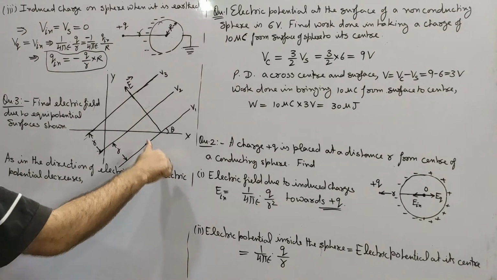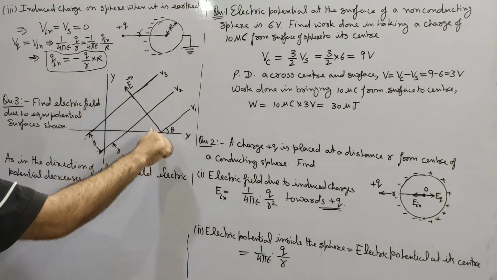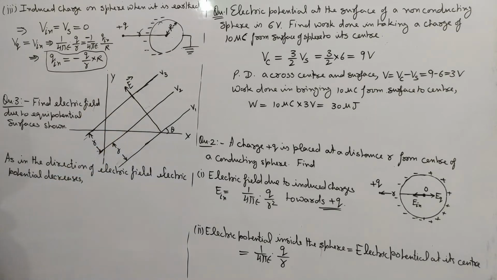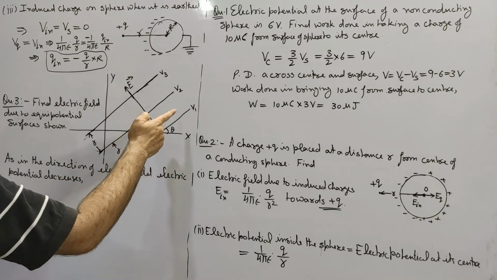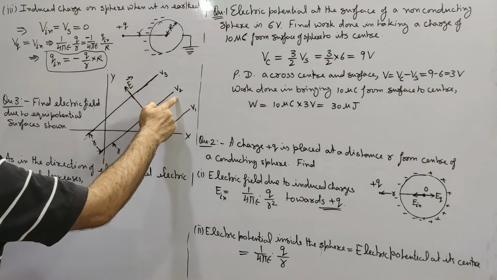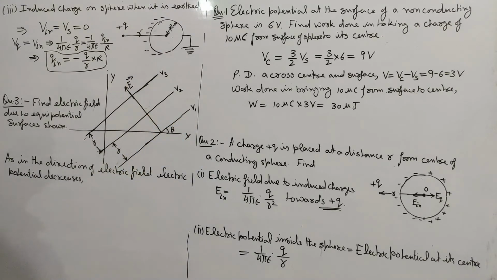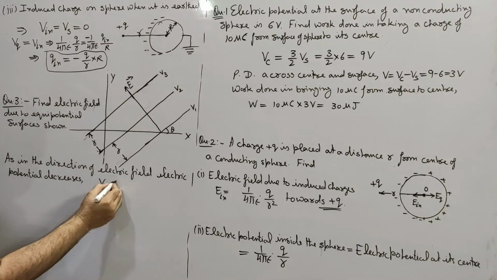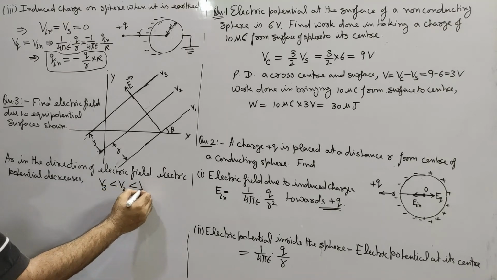Since electric field is directed along the direction shown in the figure, we can say that potential V3 is less than V2 is less than V1, because in the direction of electric field electric potential decreases. So V3 less than V2 less than V1.